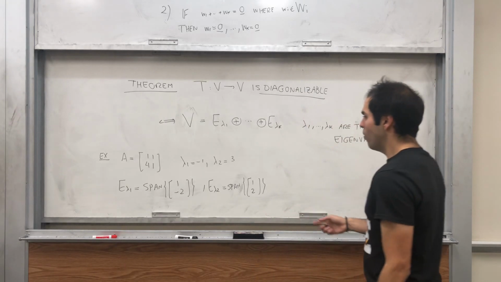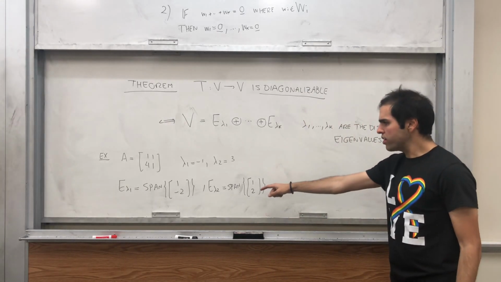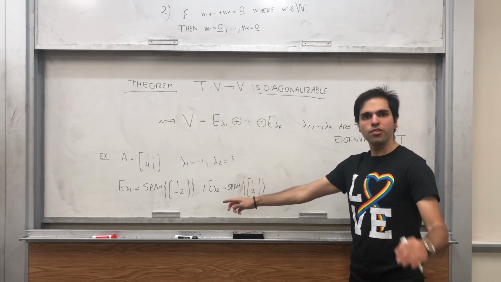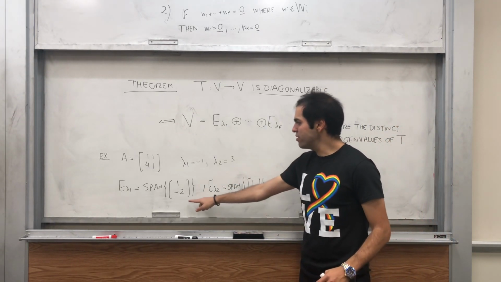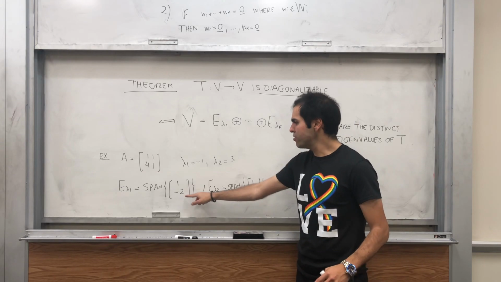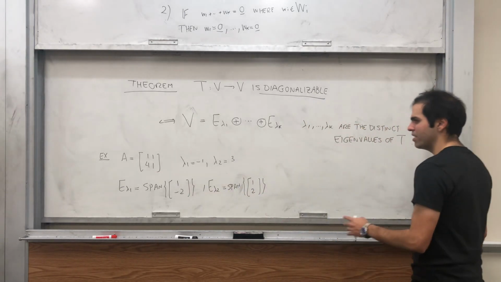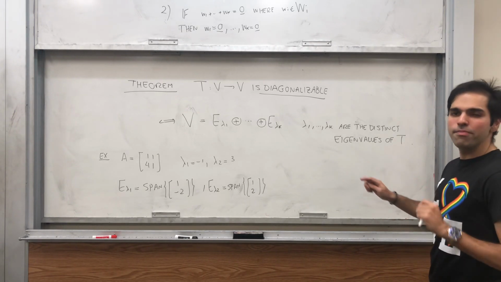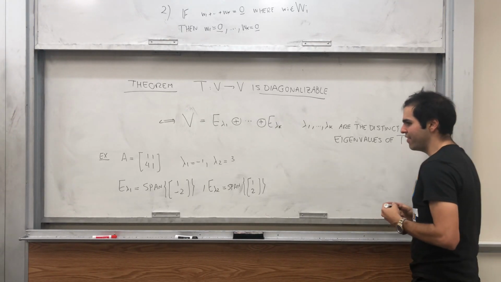And what is this saying? So first of all, it's diagonalizable because there is a basis consisting of two eigenvectors, which are 1, -2 and 1, 2. And what this is saying is, R2 can be written in terms of those eigenvectors.